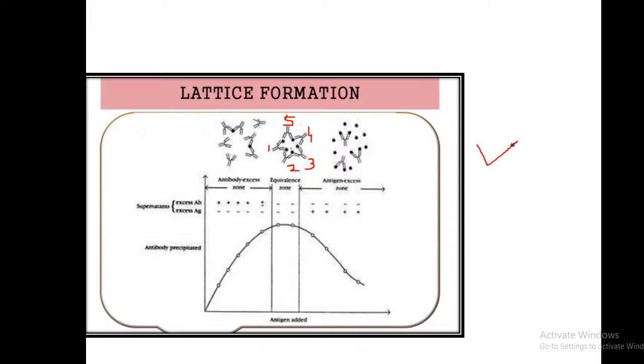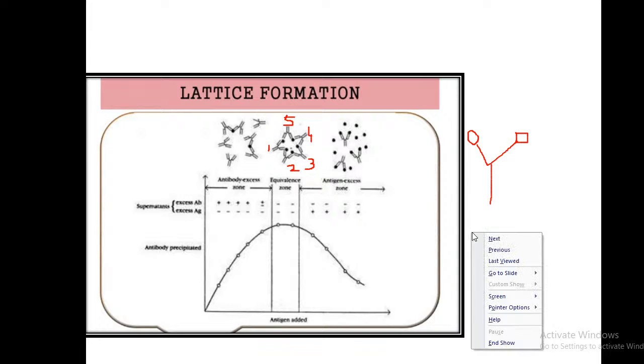If this is an antibody, one part will interact with one antigen and one part may be interacting with another antigen. As a result, a network will be formed, and that's known as a lattice or framework. It is because such a lattice, a network or framework, is formed that a precipitate forms.